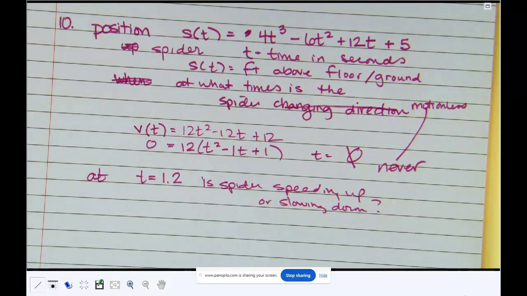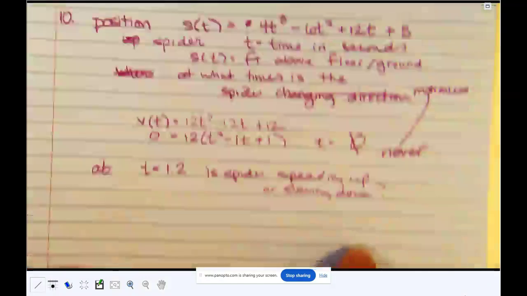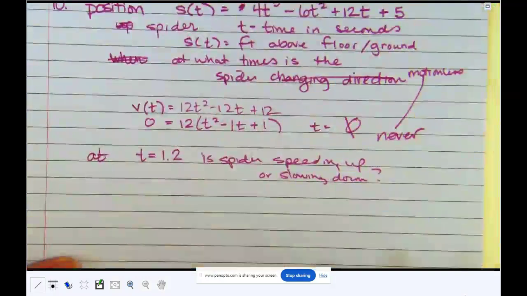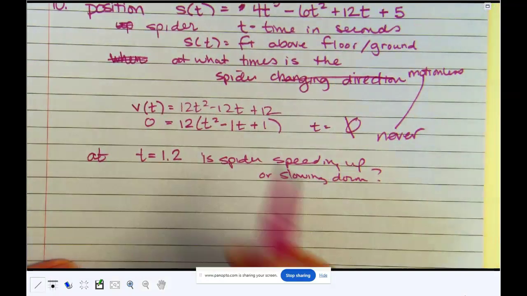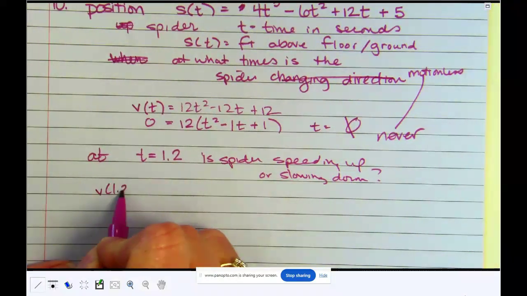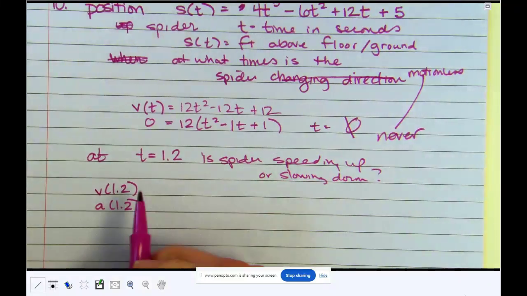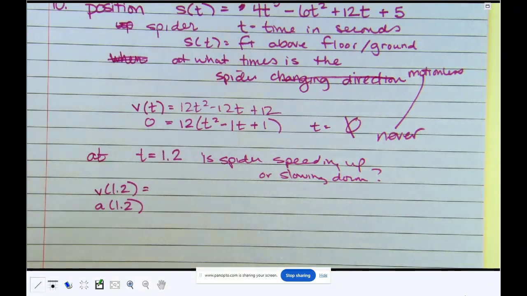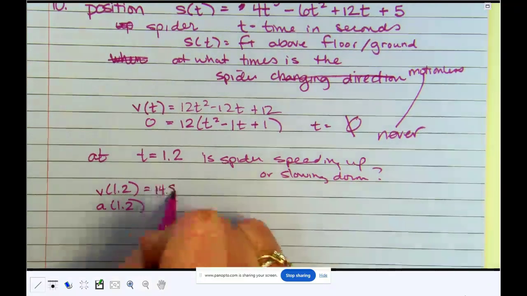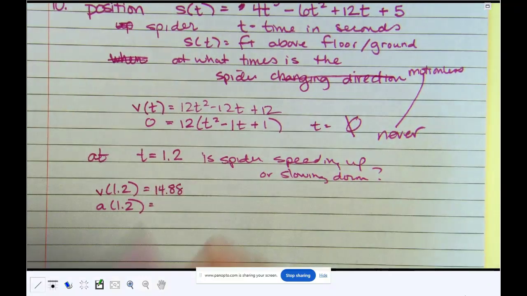Okay. So to do speeding up or slowing down, you need 2 things. You need the velocity at 1.2, and you need the acceleration at 1.2. What's the velocity at 1.2? 14.88. Okay. What's the acceleration? 16.8.